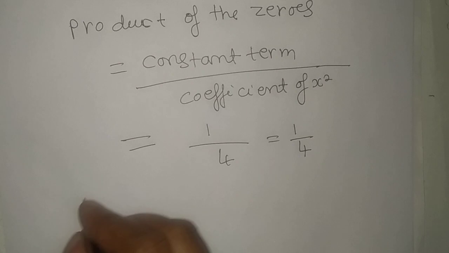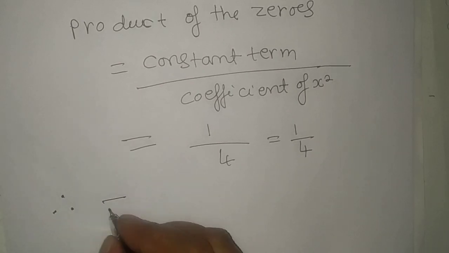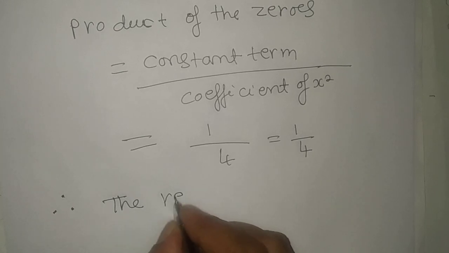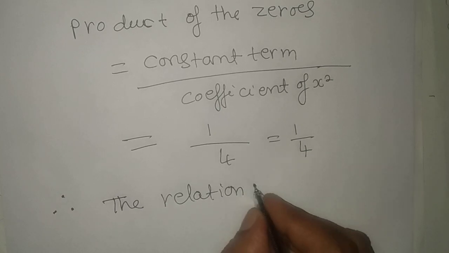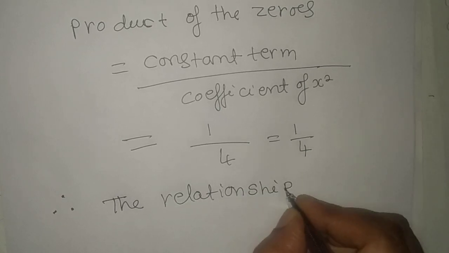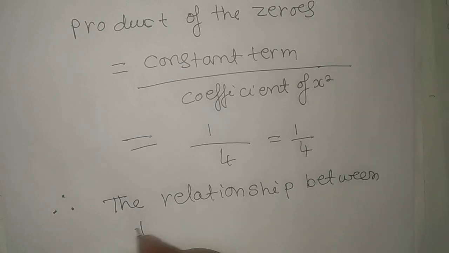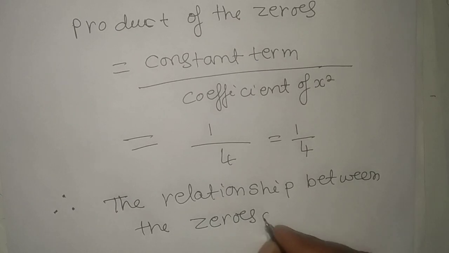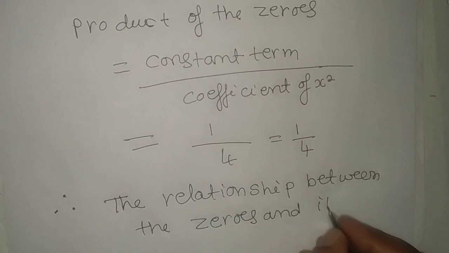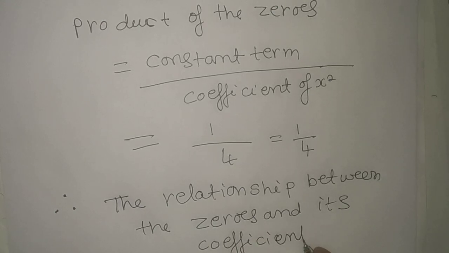So hence finally, therefore the relationship between the zeros and its coefficients is verified.